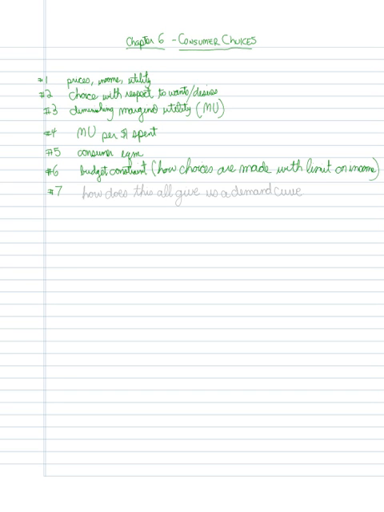And then finally, we want to better understand, essentially, how does this lead us to understanding our demand curve? Okay, so essentially then over this chapter, we will have these 7 topics.